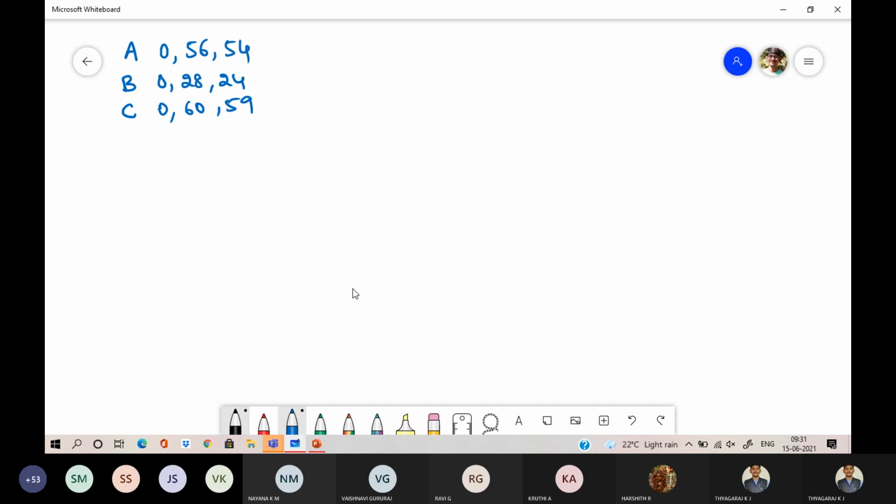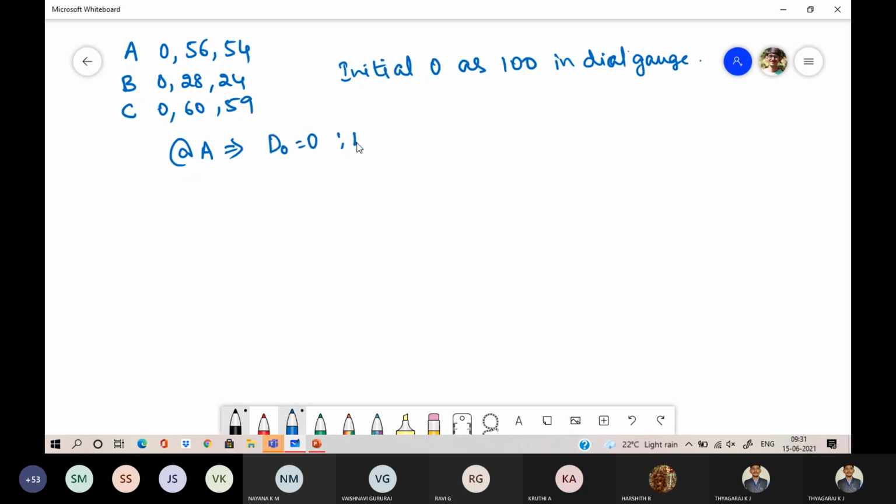Now at point A, we will assume the initial reading 0 as 100 in the dial gauge. Now at point A, D naught is equal to 0, DI is equal to 56, DF is equal to 54.